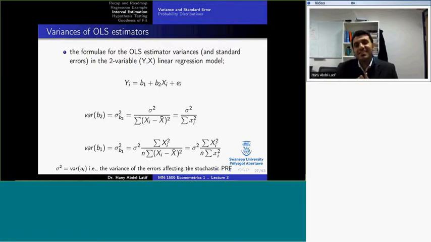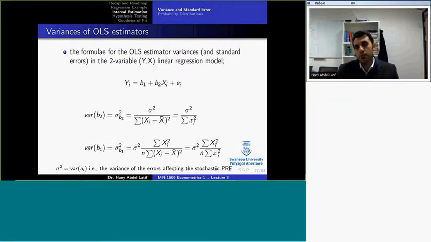B2 is the estimation of beta 2, B1 is the estimation of beta 1, and as I explained before, beta 1 hat is the same thing as B1, and the same for beta 2.